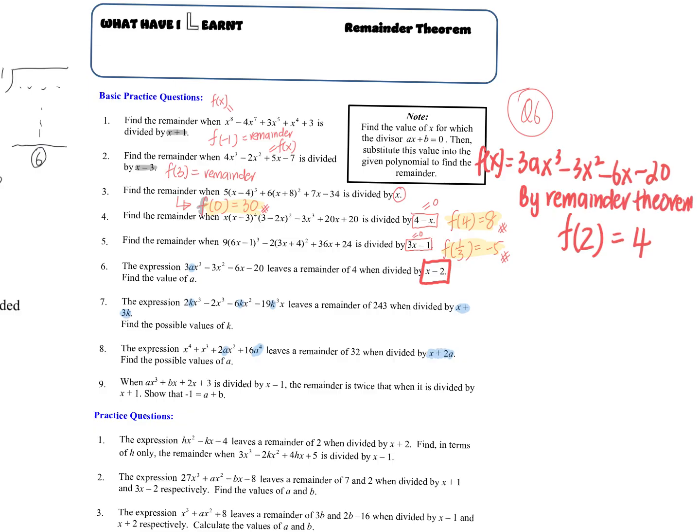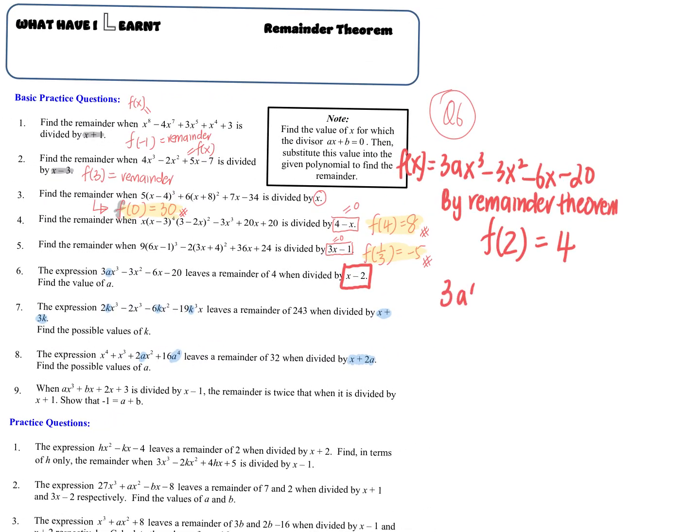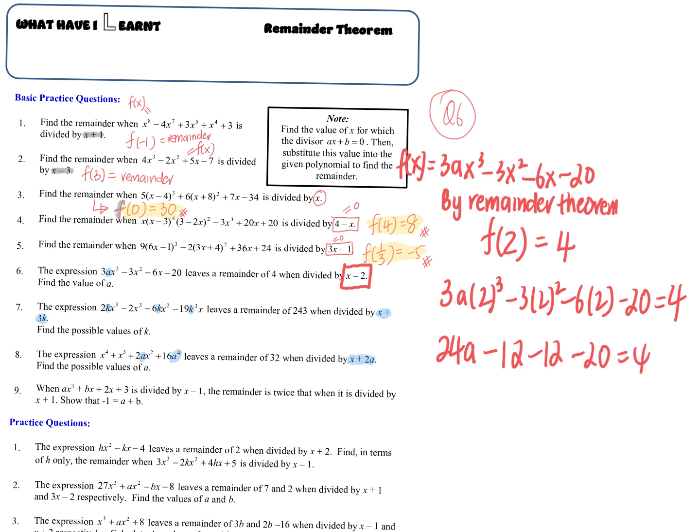So I will do my substitution into the equation. So when I see x, I change to 2. Then it is just solving algebraic unknown. So you just solve for A, that's all. Okay, so it looks like it's very scary, but actually it's just all algebra.